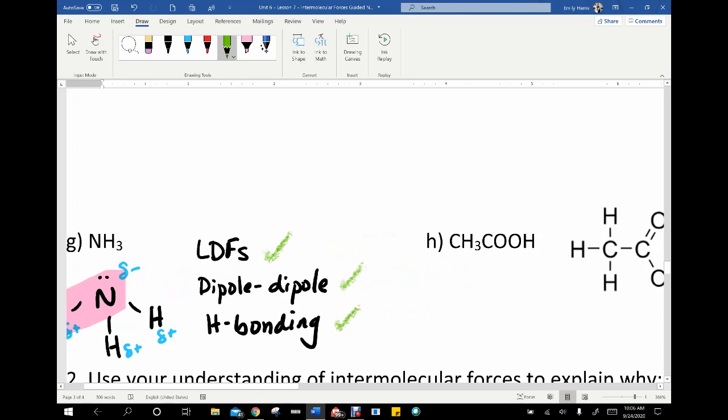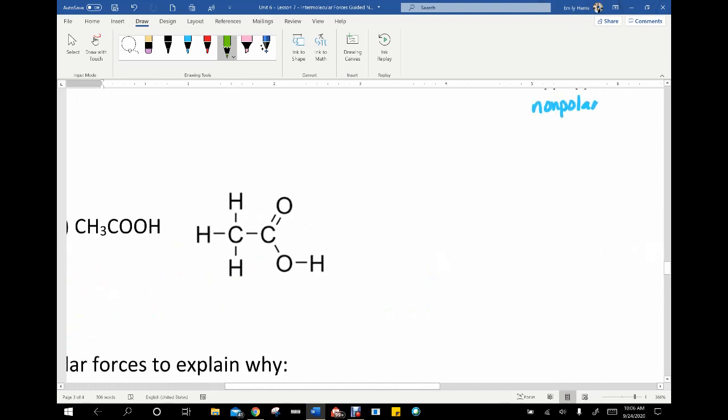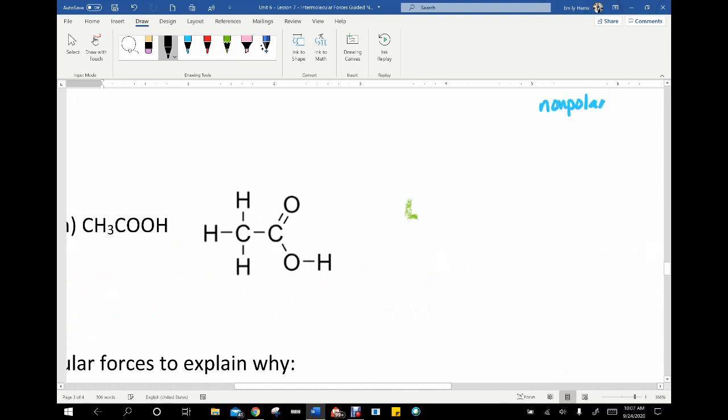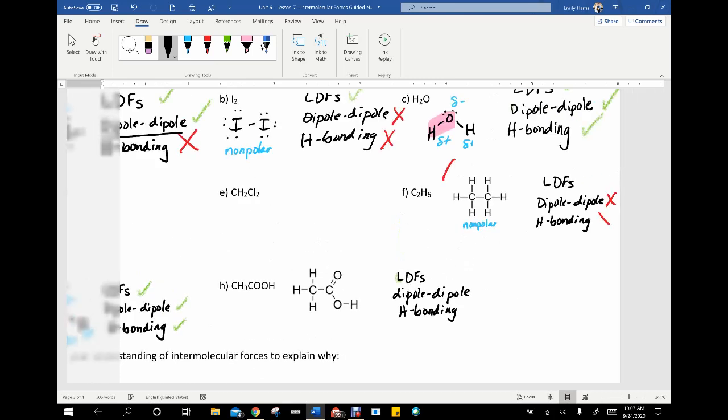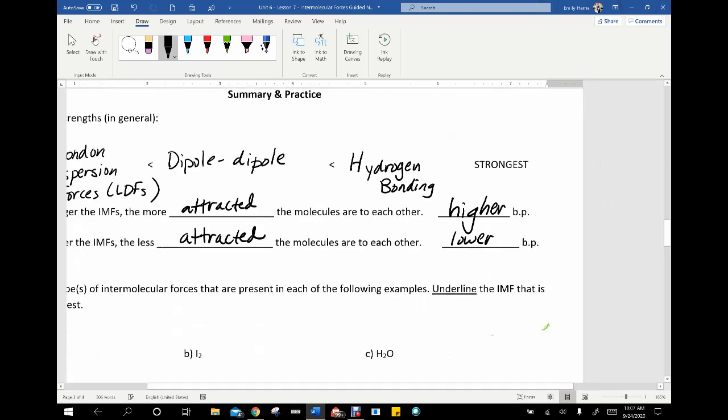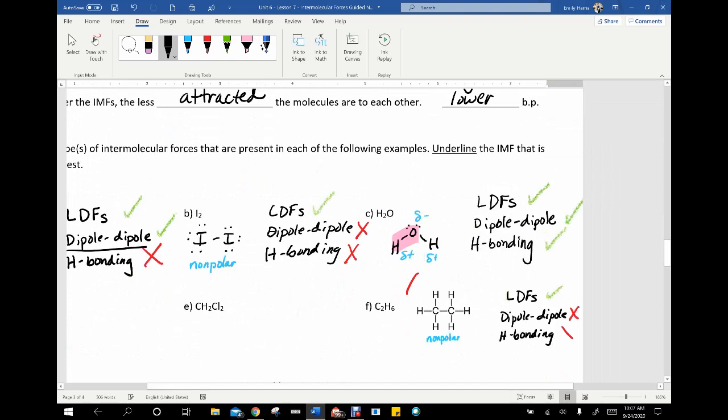All right, last one from this section. Y'all are doing great, guys. So we've got London dispersion forces, dipole-dipole forces, and then our last force is hydrogen bonding. And I realize I've been forgetting to underline the strongest force. So let me go back right quick. So for iodine, the only force it had was London dispersion forces.